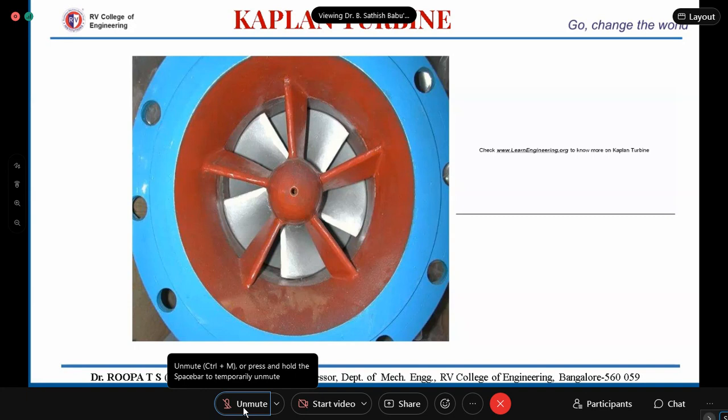So we need proper setting of the angle of the blades so that swirling can be avoided. And cavitation is another point you need to observe in the turbines. So proper pressure management and proper flow control should be there so that we can avoid cavitation and the swirling effects to increase the performance of the turbines.